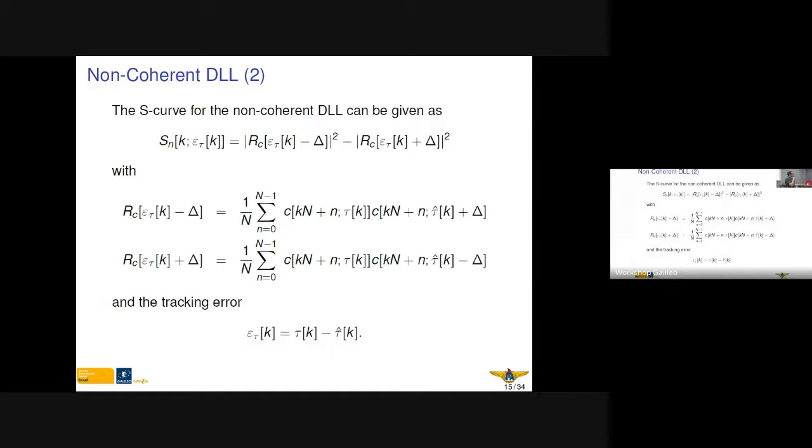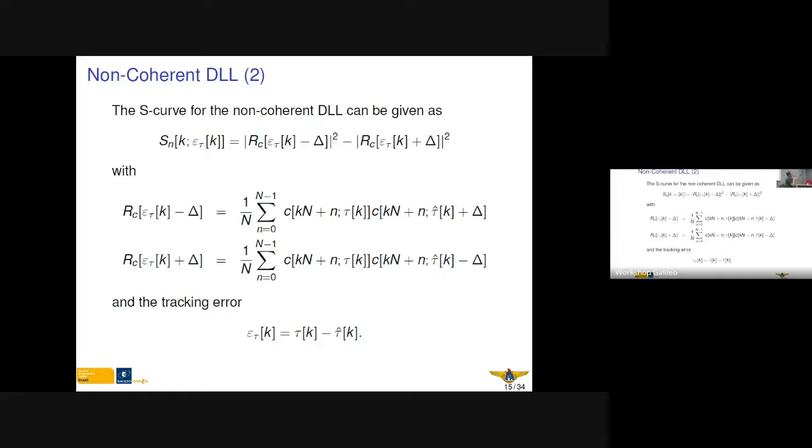Yeah, the S-curve for the non-coherent DLL can be given by this term given here. So we have the autocorrelation function of the tracking error epsilon tau. Below in the bottom you can see, so epsilon tau of k is equivalent to tau of k minus tau hat of k.